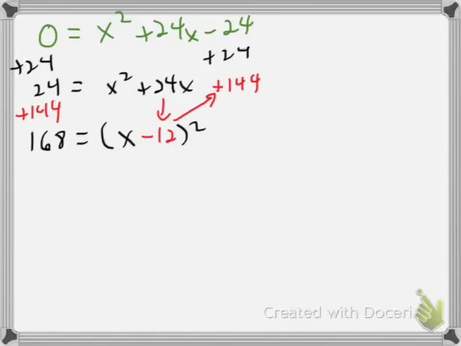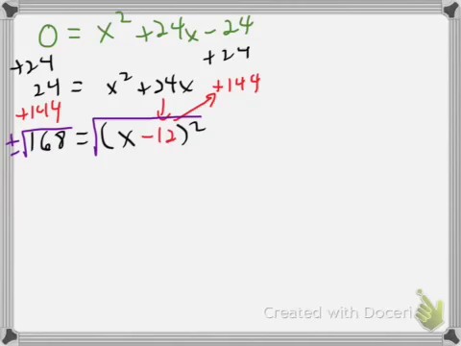I'm not a big fan of that, but I got that whole thing ready there. So, turns out I can take the square root of both sides. Don't forget the plus or minus on this side. And that gives me, well, let's just check here.